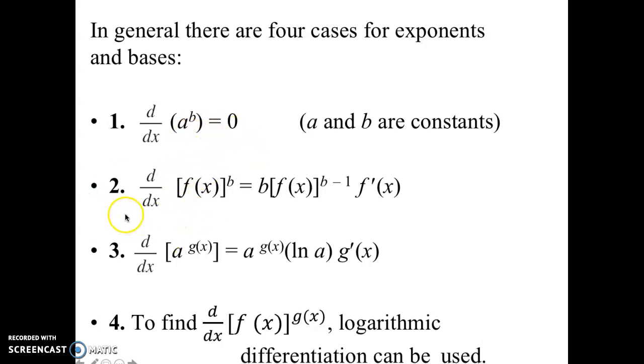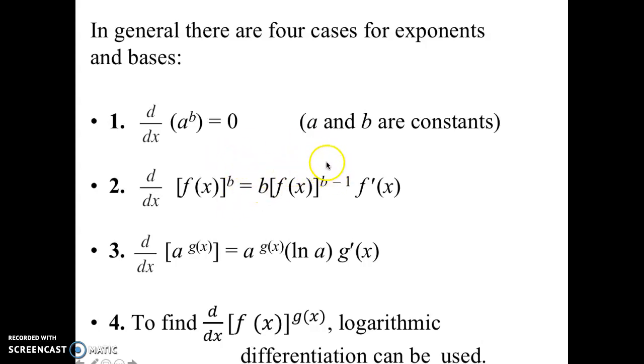Or if we look at case 2 here, we could have a function raised to a number. Now remember, that would be like x squared or x plus 5 to the 5th, where we have a function raised to a number. We have a rule for that for our derivatives. It's the power rule.